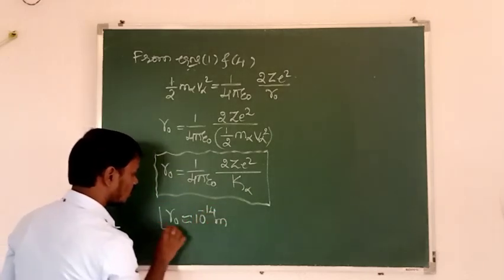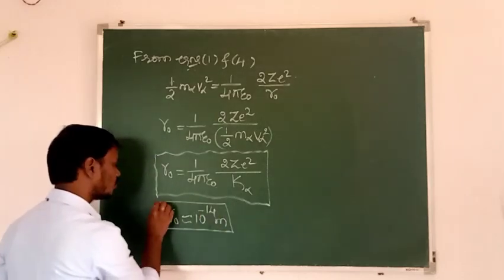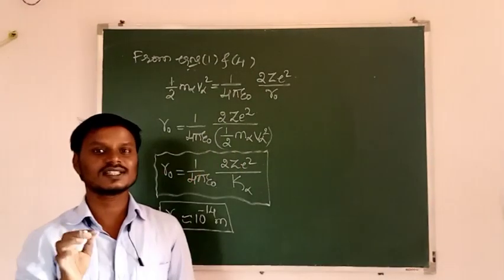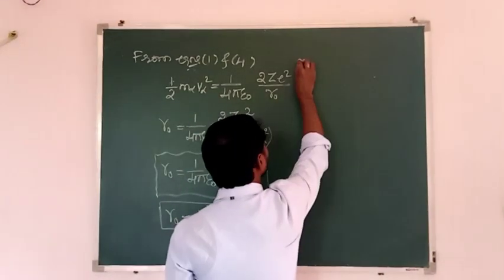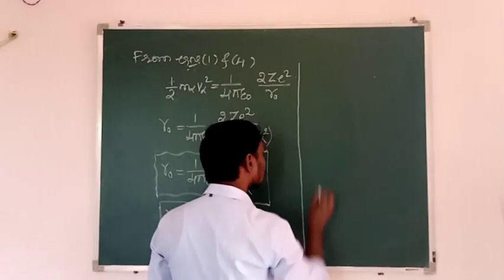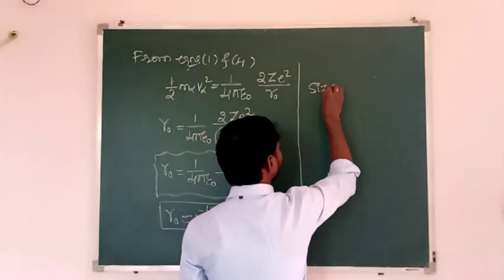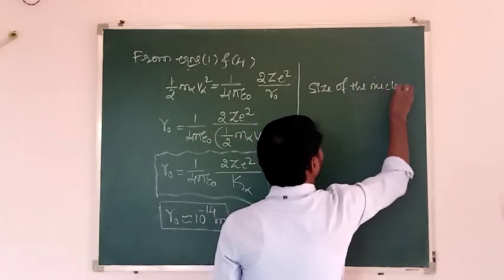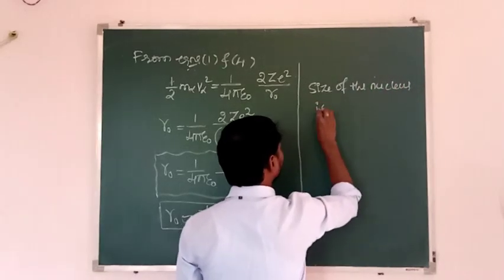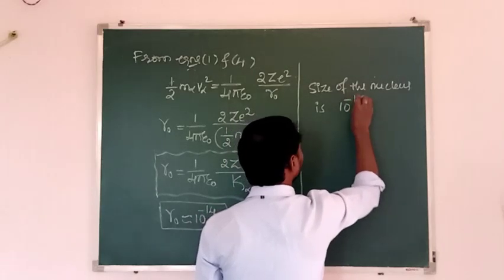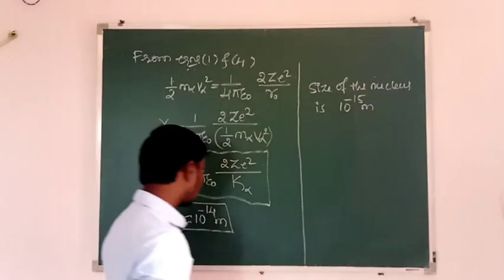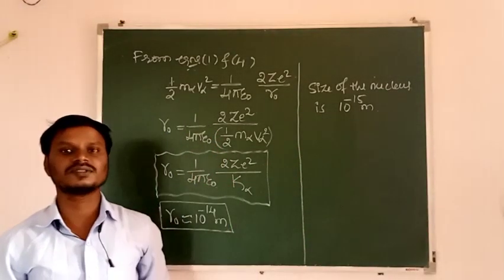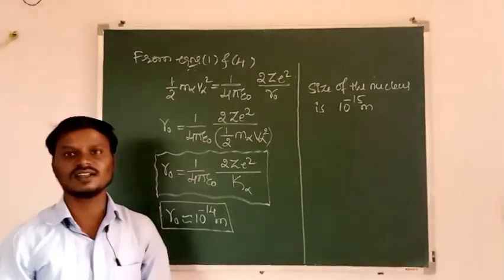Okay, and it is the distance of closest approach which is in the order of 10 to the power of minus 14 meter. And what is the size of the nucleus? The size of the nucleus is in the order of 10 to the power of minus 15 meter. Among 10 raised to minus 14 meter and 10 raised to minus 15 meter, which is the large value? 10 raised to minus 14 meter is the large.